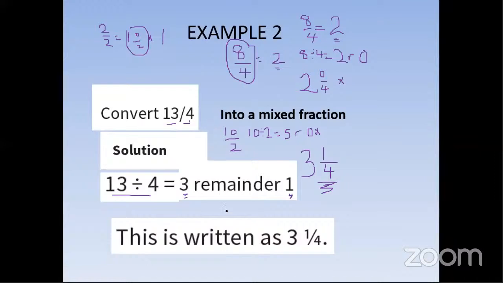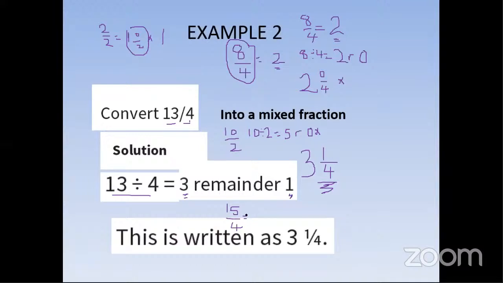But then, for example, if you have 15 out of 4, I want you to convert this one here. I want you to tell me this 15 out of 4 as a mixed fraction. Someone who has worked it out.